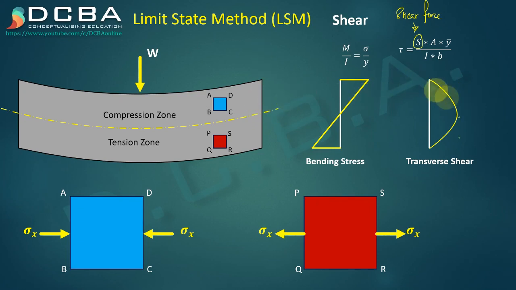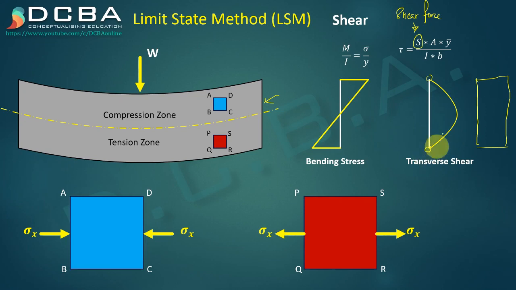Now this transverse shear is a plot for the cross section. Let's say that the cross section of this beam is a rectangle. What this transverse shear says is that at the top of the rectangle the transverse shear is 0, and even at the bottom edge the transverse shear is 0.